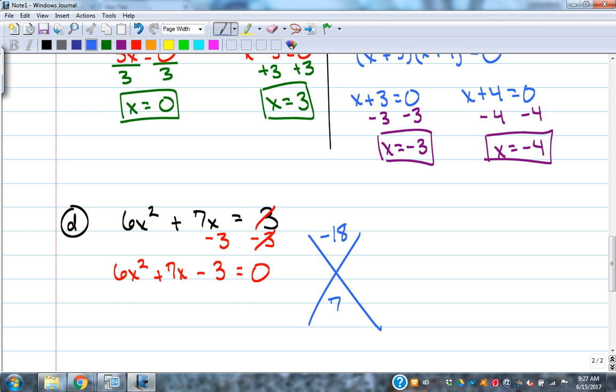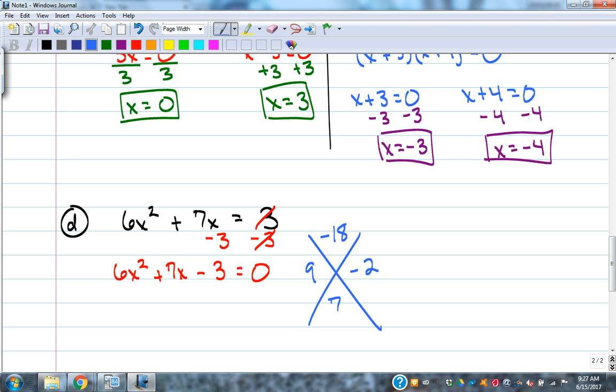So multiply to be negative 18, add to be 7. It'd be 9 and negative 2, wouldn't it?